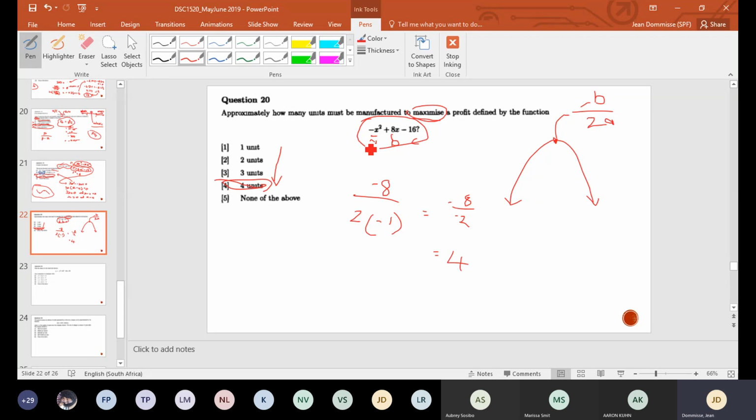If it was to minimize, I would probably use the lowest number they give me. It doesn't mean it will always be like that, but that is what I would have done if I didn't have a clue in the exam. So your option would have been option 4, but we've done it with a formula, so perfect.